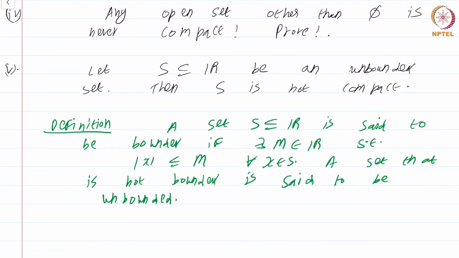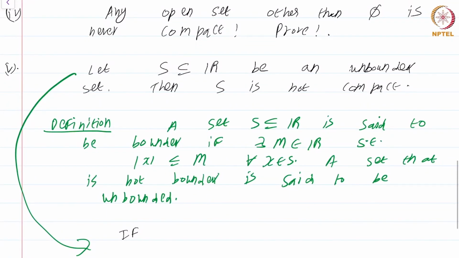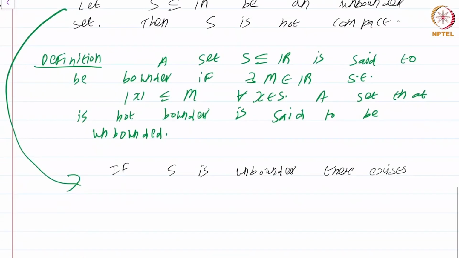Now why is an unbounded set not compact? Well, if S is unbounded, there exists x1 in S such that |x1| is greater than or equal to 1, because 1 is not a bound, so there must be some element in that set whose modulus is greater than 1.